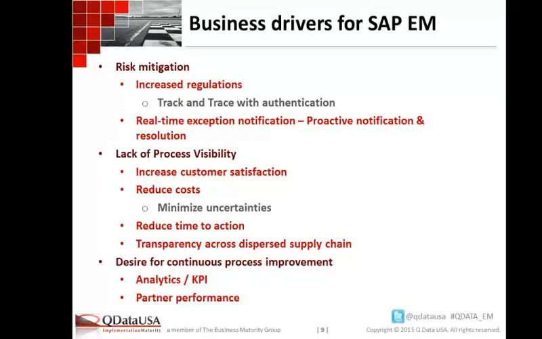Our desire for continuous process improvement. So when we talk business process out here and we're trying to uncover exceptions, obviously we want to do better and better and better. So one way of actually doing it is, let's put the data that's flown through our business process 1,000 times over into an analytical tool.